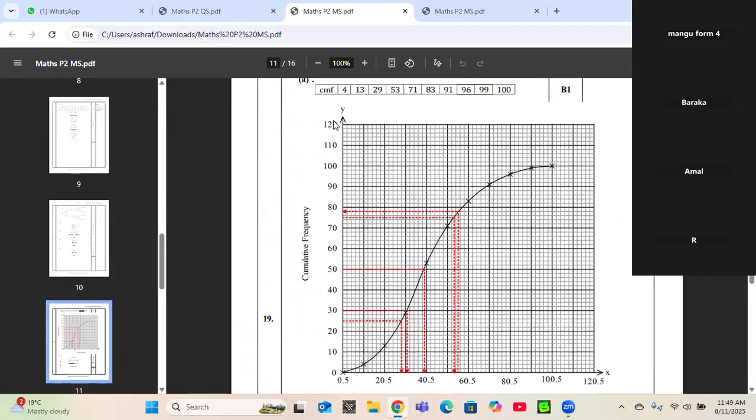So are you able to see the diagram, the cumulative frequency curve? Tunaiona? Respond if you can see it.